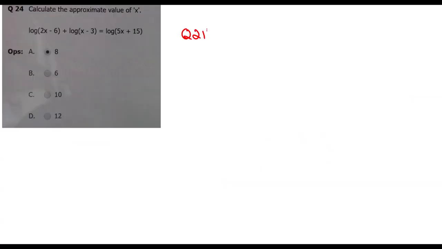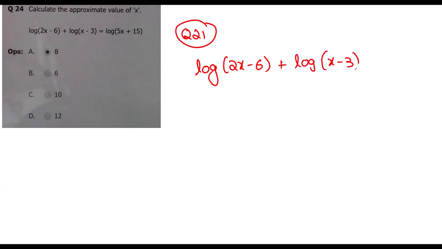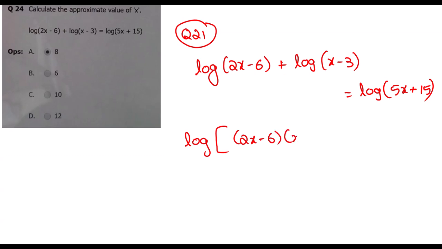Logarithms. Log of 2x minus 6 plus log of x minus 3. Sometimes there might be mistakes in the questions. Don't be afraid of that, just go on. I know log a plus log b is log a into b, so we can write this as 2x minus 6 into x minus 3.